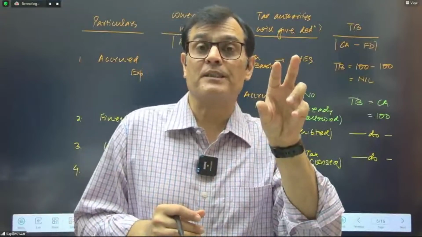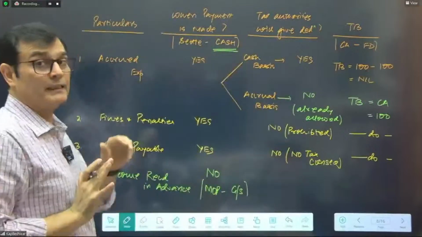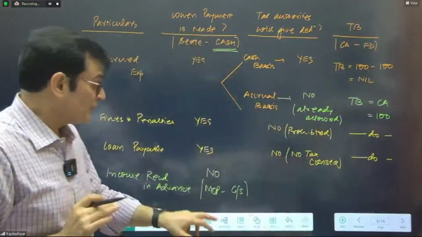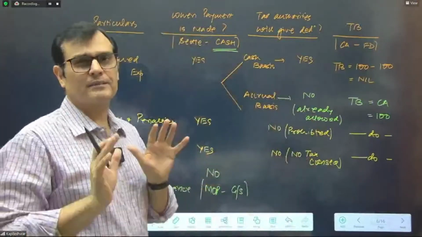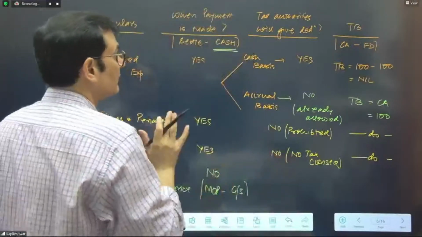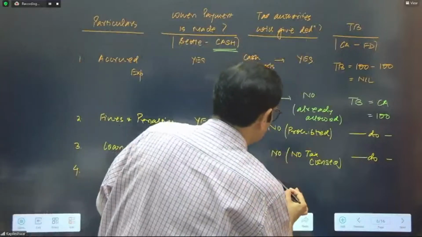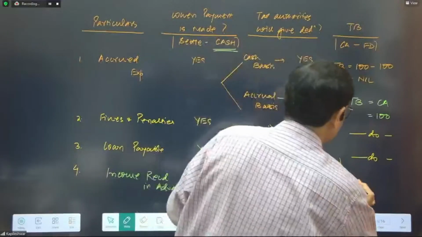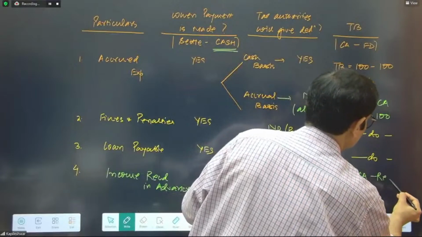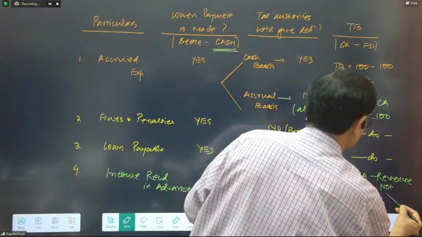If the mode of payment is cash, you apply carrying amount minus future deduction. If the mode of payment is goods and services, then a new definition applies: the tax base is the carrying amount minus the revenue which is not taxable in future.